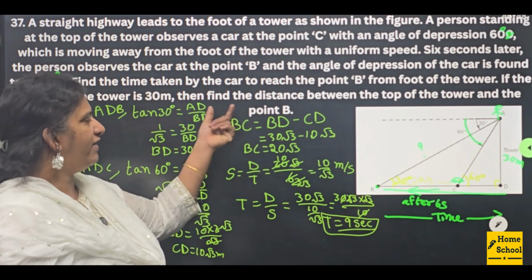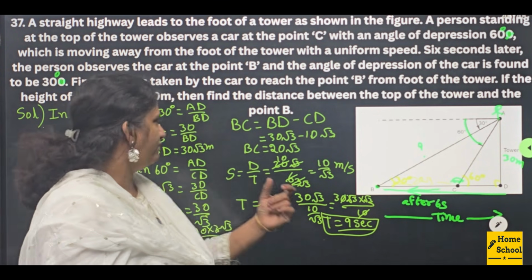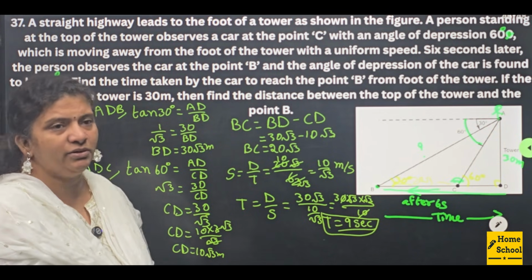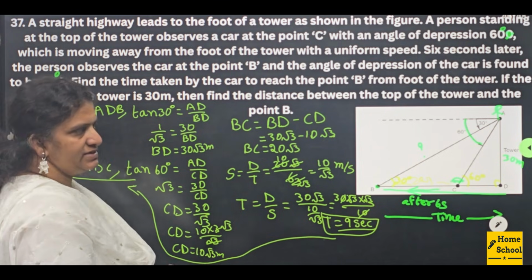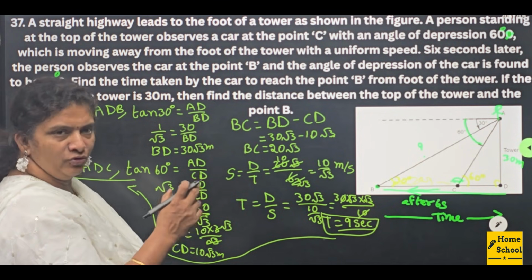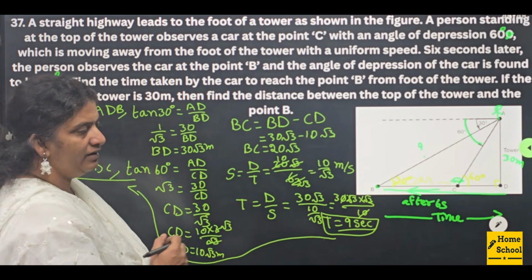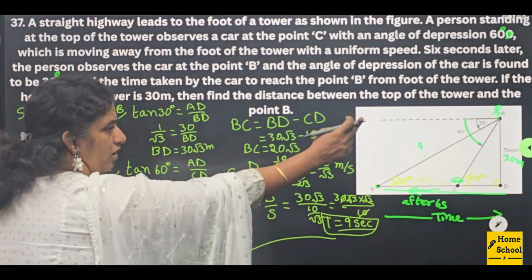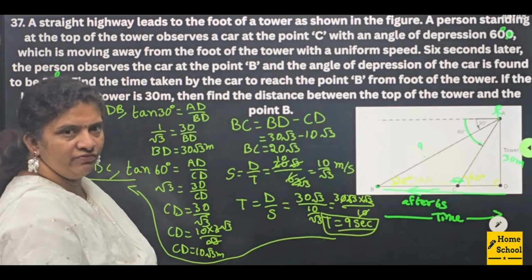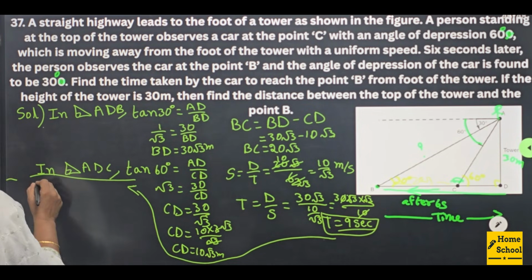And the second one, find the distance between the top of the tower and the point B. That is the AB distance we need. In order to find the distance from A to B, that is the hypotenuse of a big right triangle, right? We know the angle theta is equal to 30 degrees and I know the opposite. Opposite known, hypotenuse to be found, means which ratio?